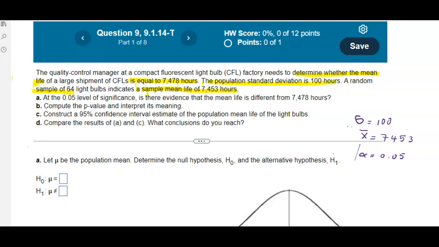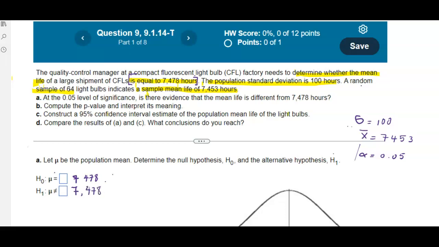So the mean here that we are trying to figure out is our claim. The null hypothesis says the mean is equal to 7,478, and the alternative is the opposite statement, which is the mean is different than 7,478.